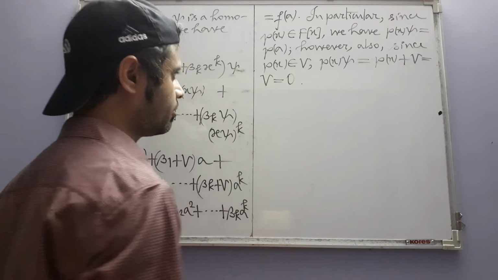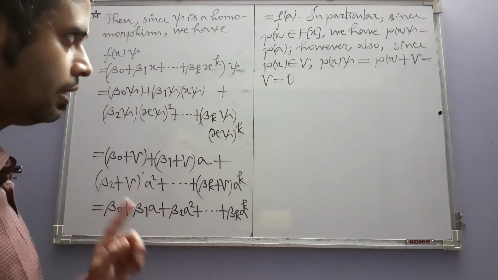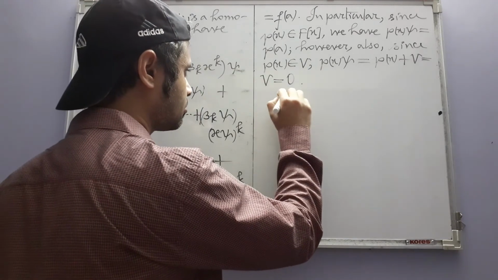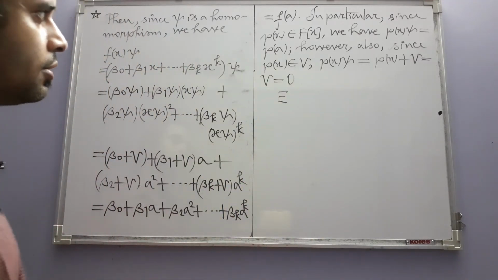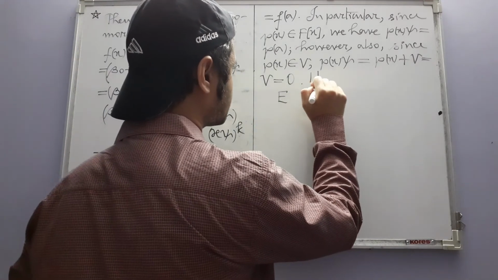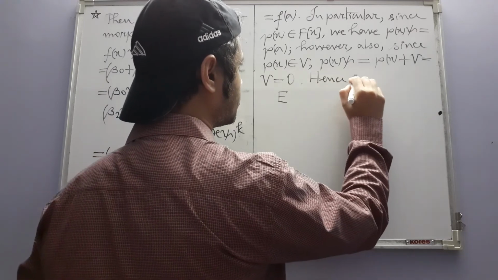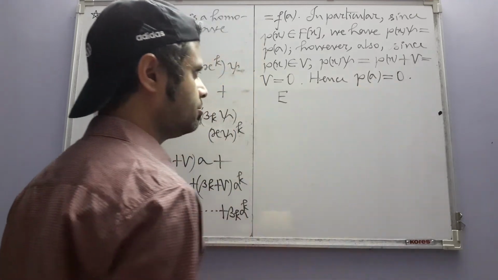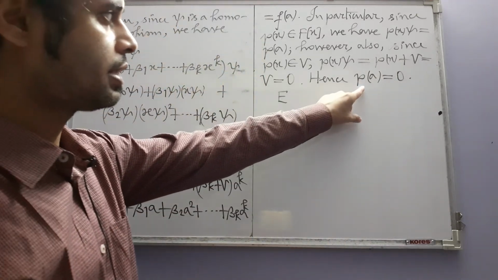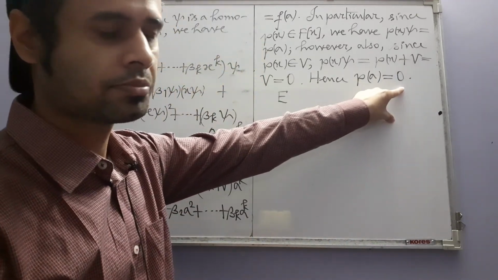This is equal to 0, I am writing. In our E, this v is the zero element. Hence, p of a is equal to 0. Do you understand exactly how this is 0?